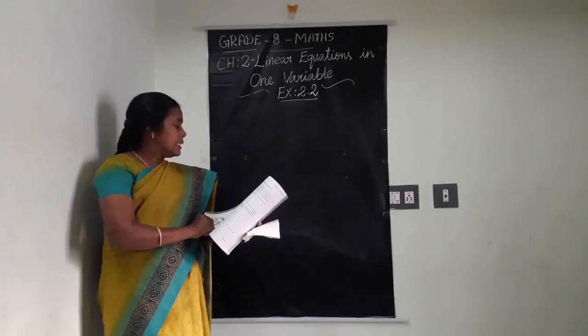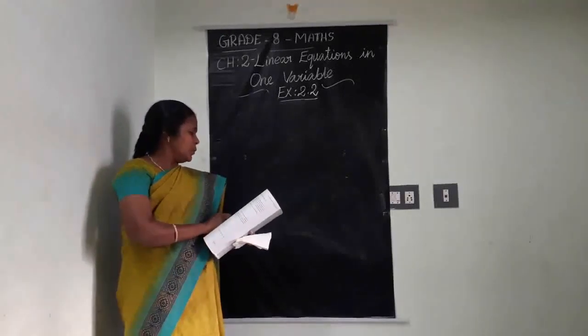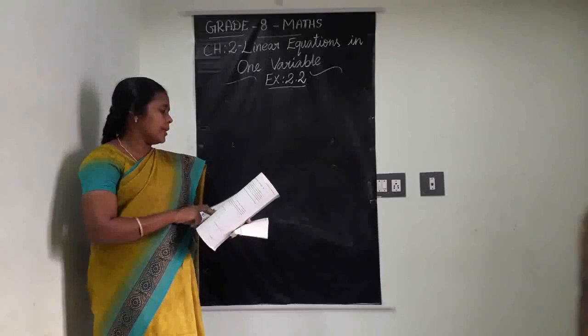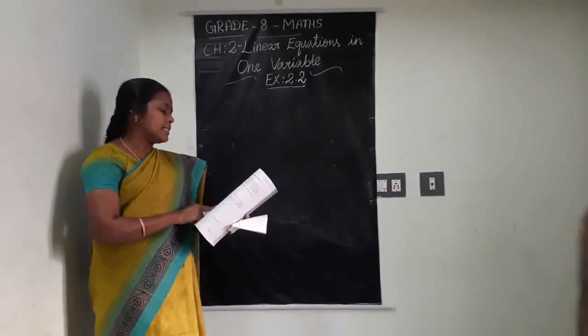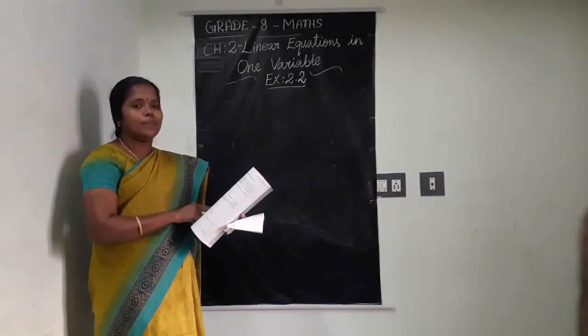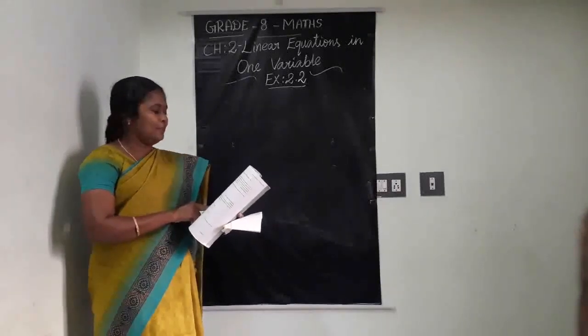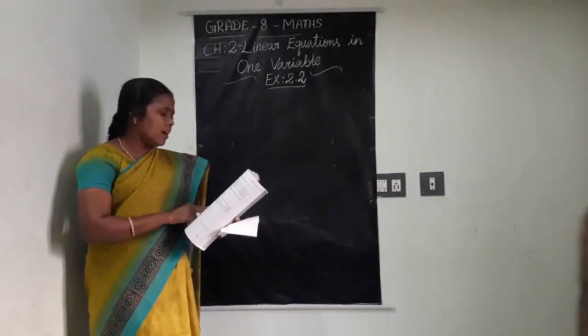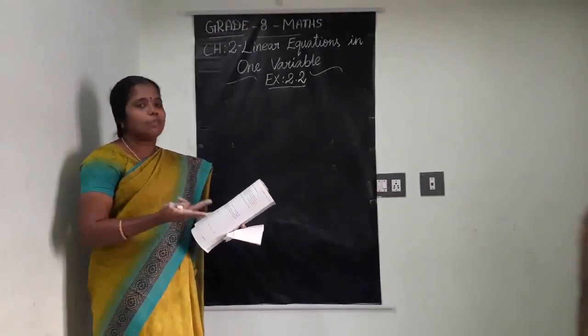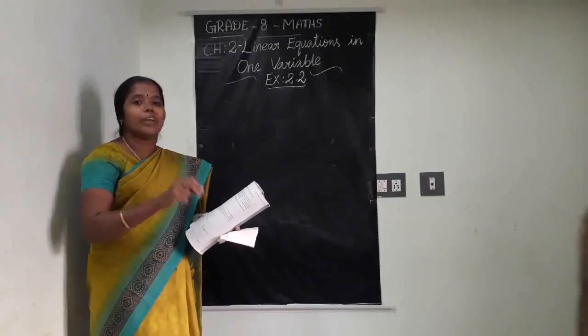Clear? The first question in exercise 2.2, what is given? If you subtract half from a number and multiply the result by half, you get 1 by 8. What is the number? What are they asking? What is given? If you subtract half from a number, which number? We don't know. So that is the variable here.